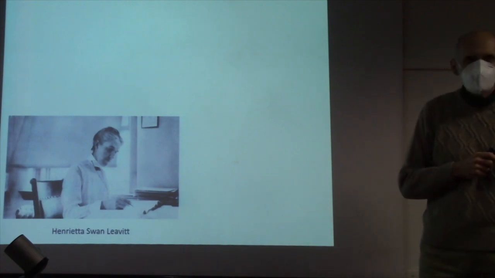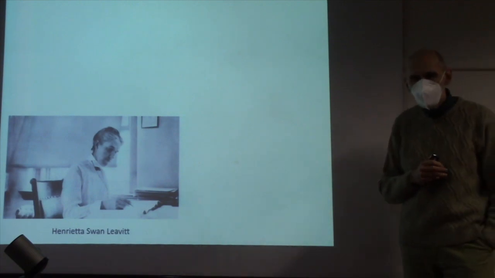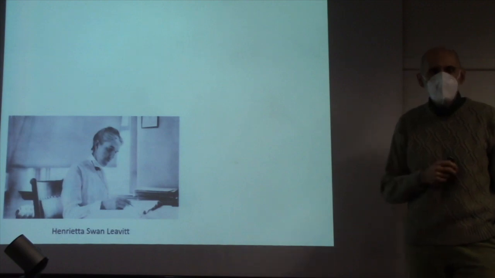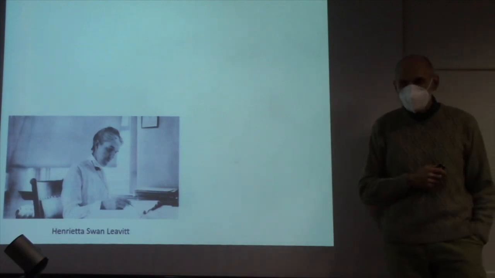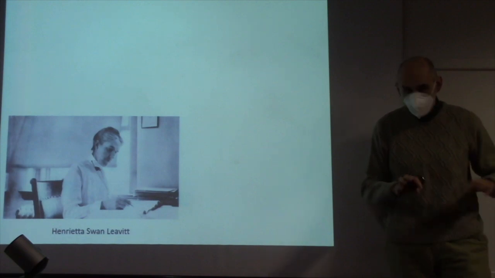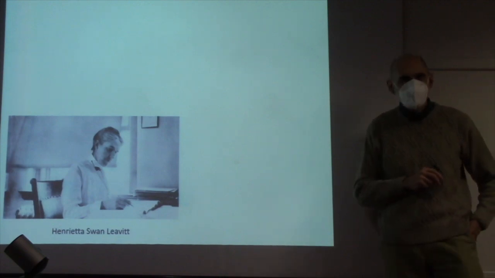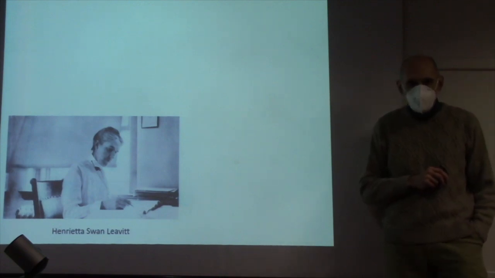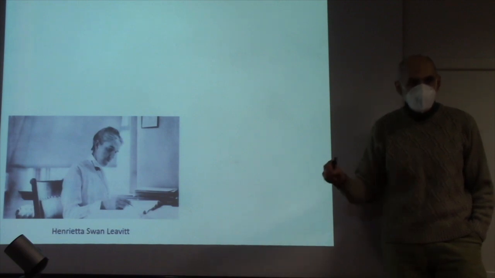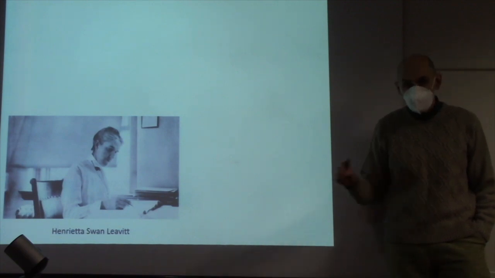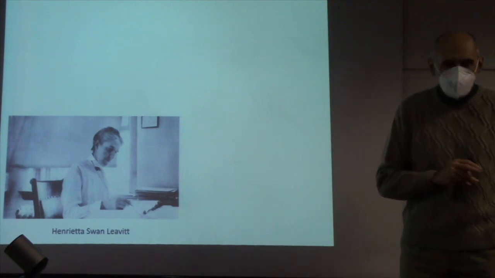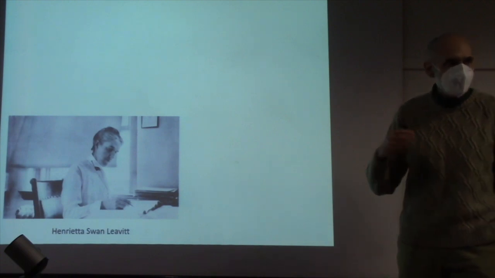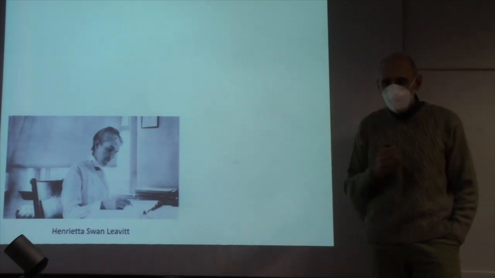In fact, it's not even correct to say she was employed because she didn't get paid. He was using her as a computer. At the time, there were no computers in the sense that we intend today. So computers were human beings, most often women, because they were thought to be more accurate and they cost less. So complex calculations were done in this way.